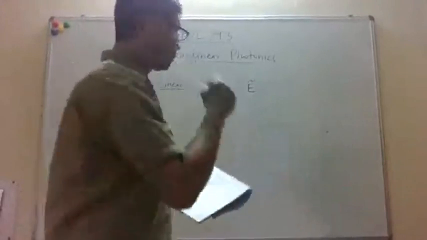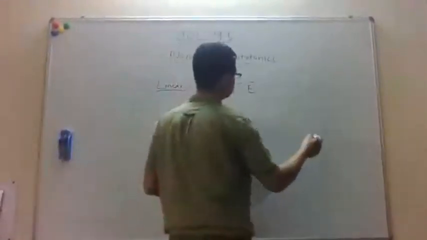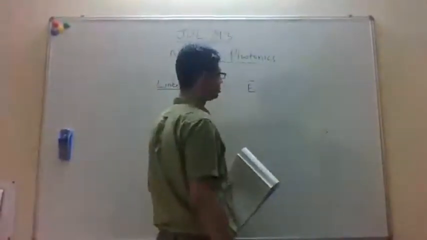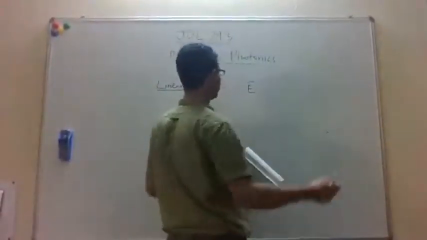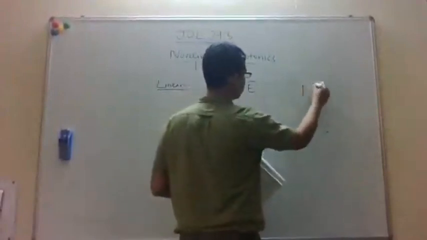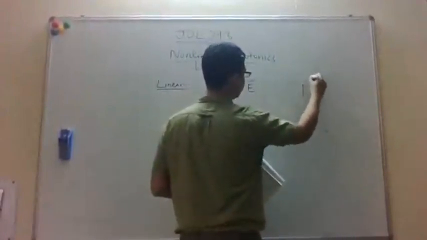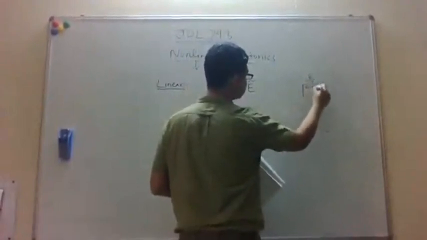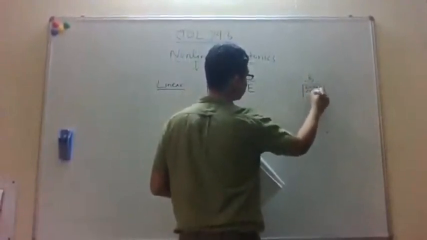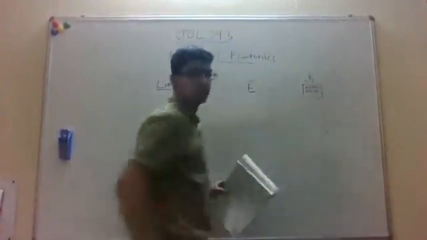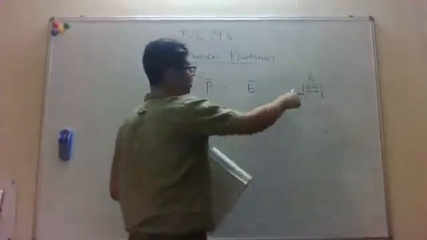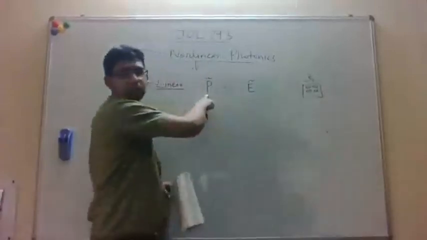Okay, so if you remember from your undergraduate electrostatics or electromagnetics, if you apply an electric field to some dielectric medium, you separate the charges, and you create dipoles, and the dipole moment per unit volume is this polarization.